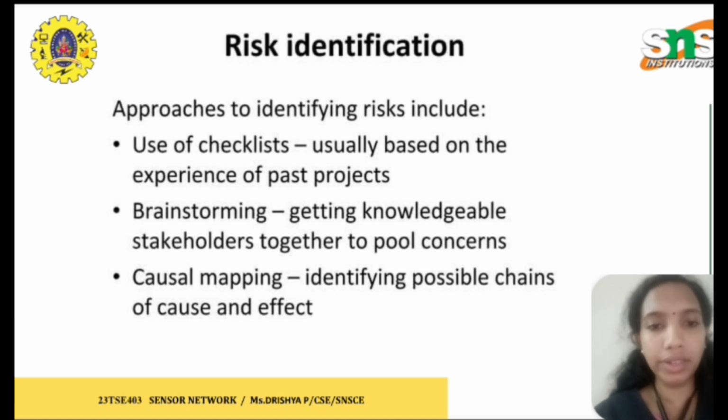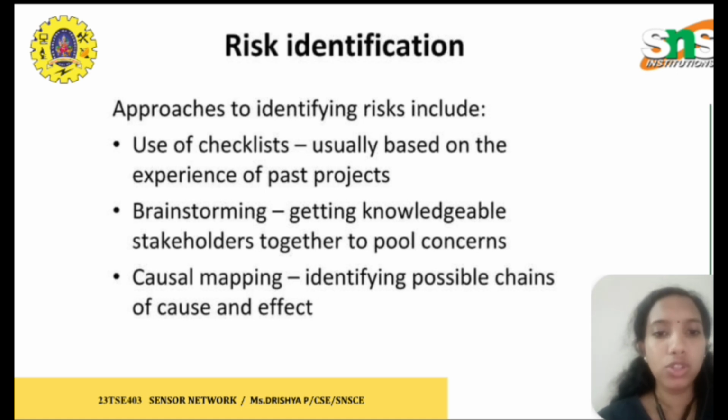First is risk identification. Approaches to identifying risk include use of checklists, brainstorming, and causal mapping. The use of checklists is usually based on the experience of past projects. Everyone has done different kinds of projects earlier, and based on that experience we make a checklist for overcoming the risk.